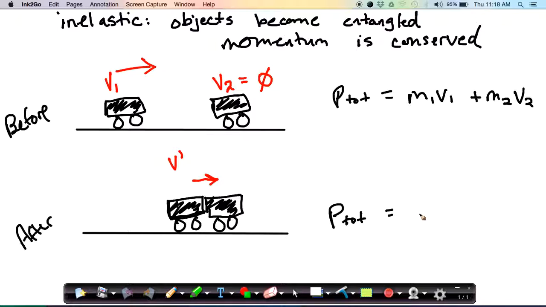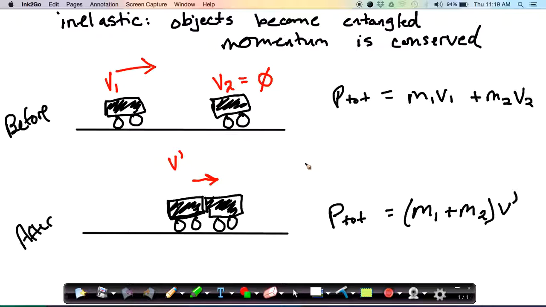They effectively move as a single object with a combined mass m1 plus m2. And their momentum would be found by taking that combined mass m1 plus m2 and multiplying it by that velocity v prime, the velocity that the carts move with as a unit after they become entangled.